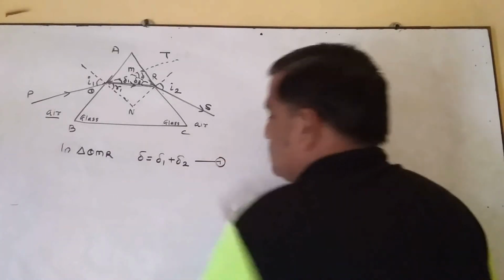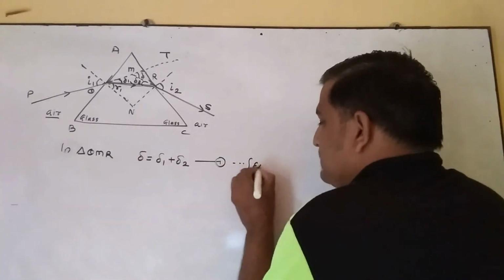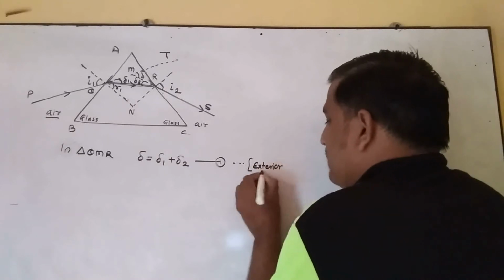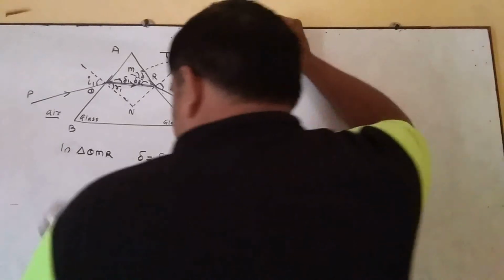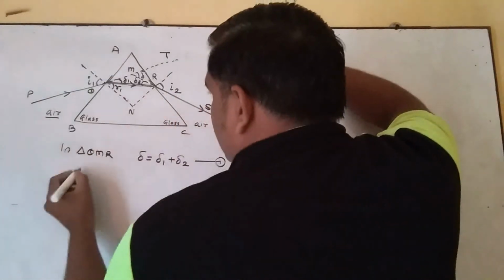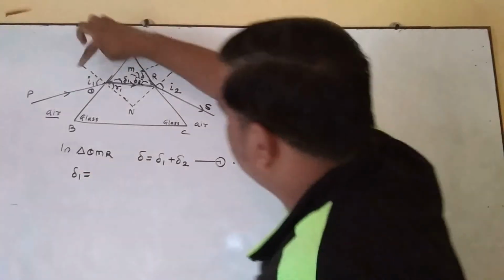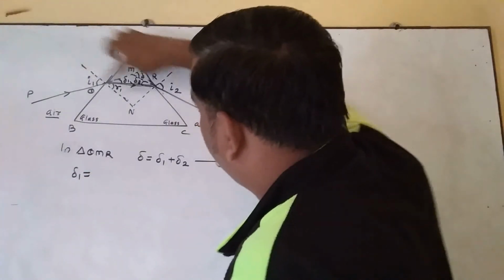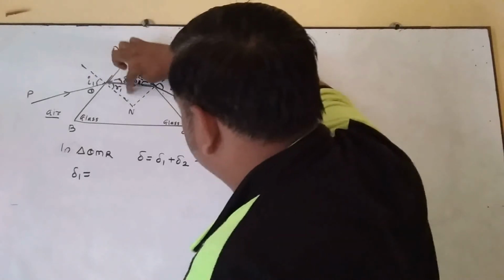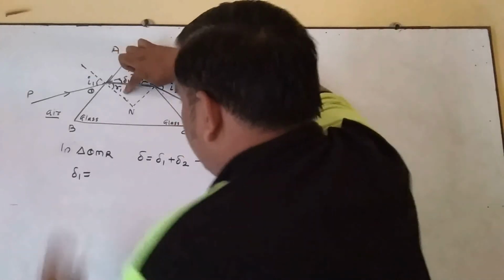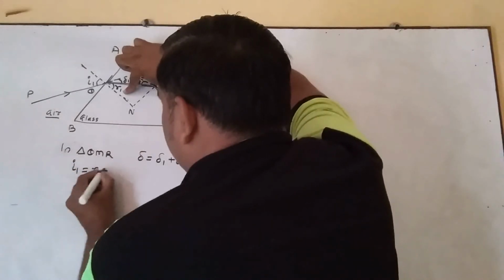So this is our first equation, and we got this by the exterior angle theorem. Now second thing, here I get delta 1. Actually this angle I and this total R1 and delta 1 are opposite angles. So I can say here I1 is equal to R1 plus delta 1.